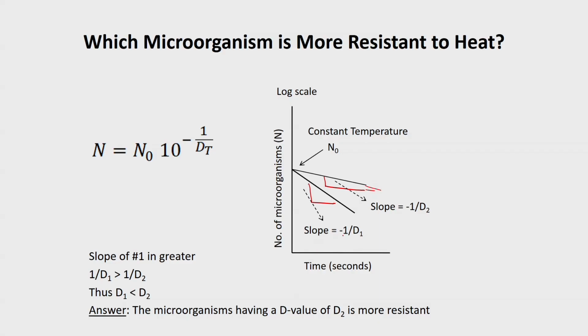So, the slope of minus 1 upon D1 is higher, in terms of slope this is higher when compared to 1 upon D2, right. Thus D1 is less than D2. So, that means the microorganisms having D value of D2 is more resistant, more heat resistant. That is why you get maximum D value, right.